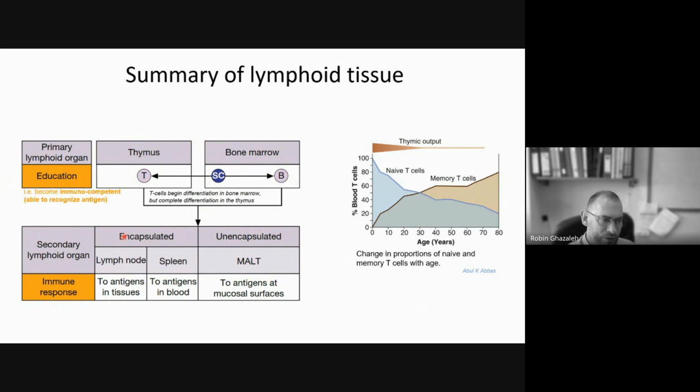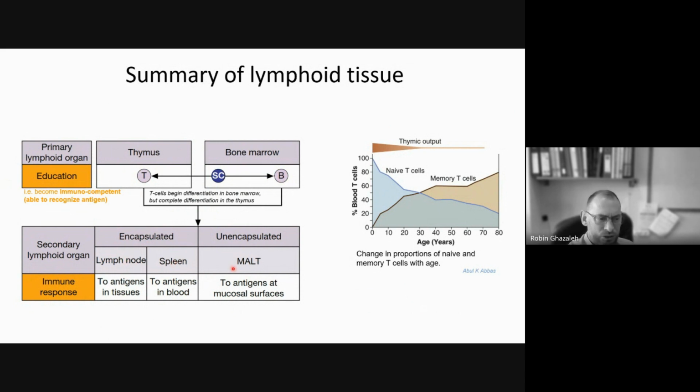Kidney, for example: if you ever tried doing a dissection and you want to get into the tissue, there's a very tough, fibrous, cartilaginous film, a thin layer, very, very thin, but yet very tough and very resistant. And this encapsulates the whole node or the whole spleen.